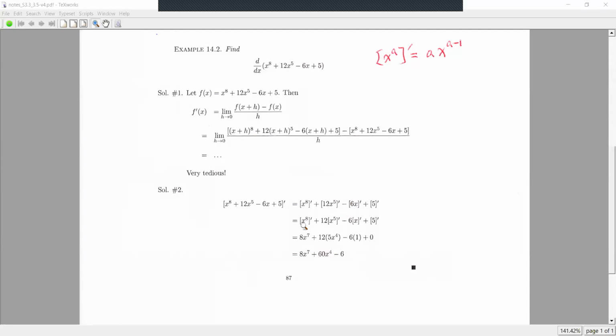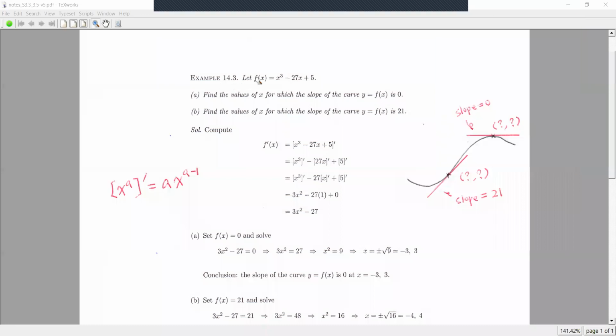For the derivative of the power function x to the 8th and of x to the 5th, I can apply the formula for power function. Then I have this equation. Now simplify this expression. 12 times 5 is 60. This is 6. Then derivative of this polynomial is this polynomial.